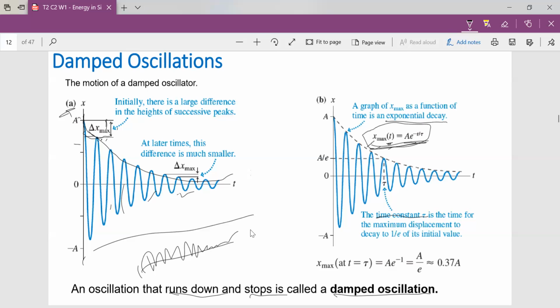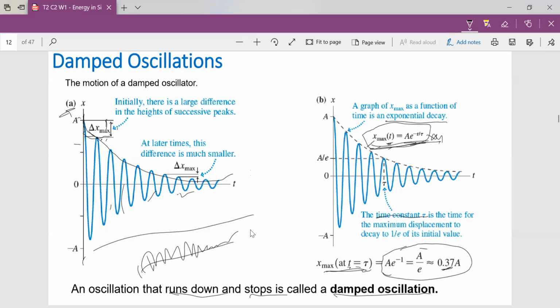So we always have the exponential decay for damped oscillation, with the maximum displacement as a function of time being equal to amplitude times exponential of minus t over tau. Okay. So if at a time t equal to tau, the expression for the time constant here we transform into this.